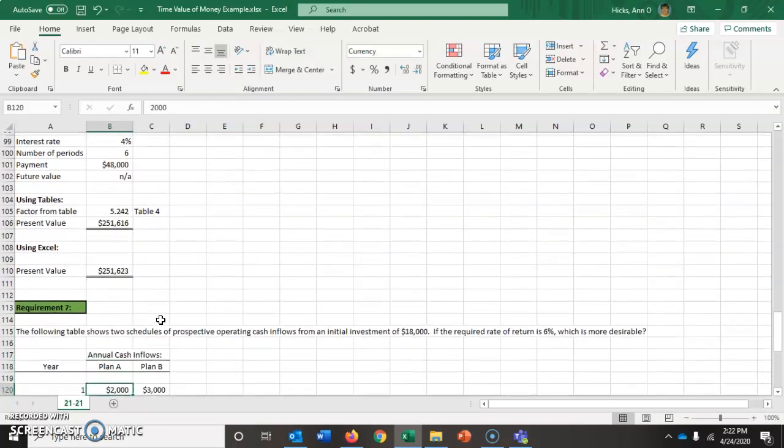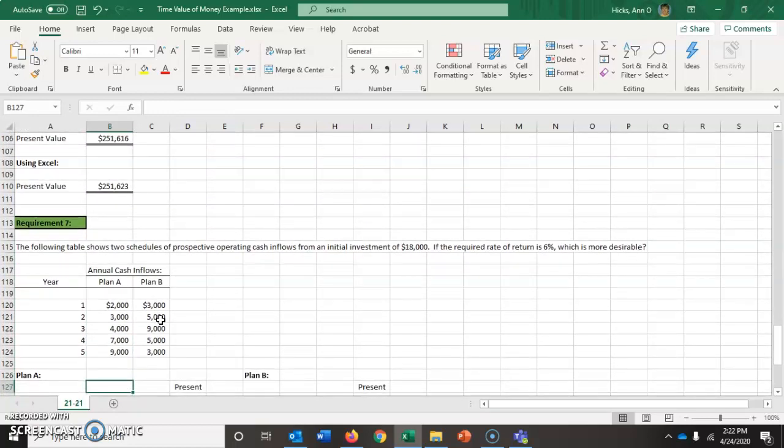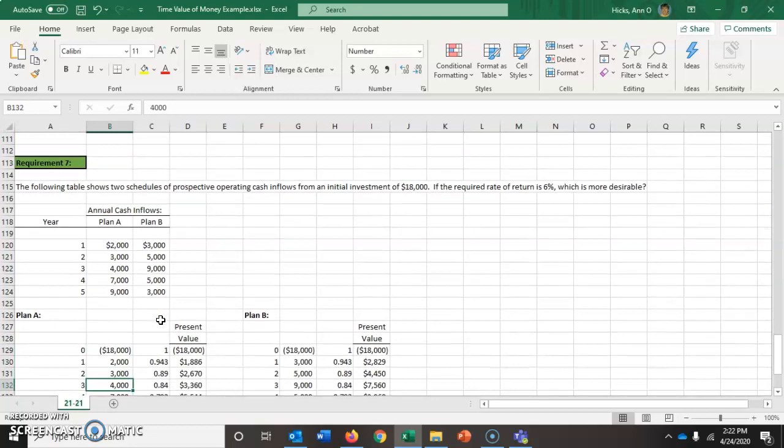Now, this last example is a little bit different. What this last example does is it looks at using time value of money to evaluate alternatives. So we have two plans. In this scenario, we're going to make an initial investment of $18,000.